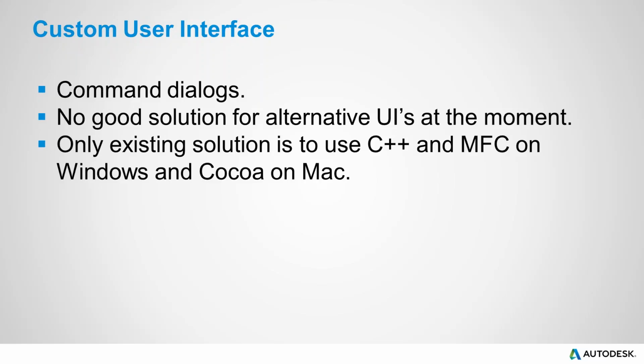They want to do one UI that can work on both platforms, but right now this is the only solution, and there's nothing about this that has anything to do with the Fusion API. You're just using whatever Mac supplies and whatever Windows supplies to create a dialog. So it's really outside the scope of the Fusion API, and we've looked at some alternatives and just haven't come up with anything that's feasible yet.